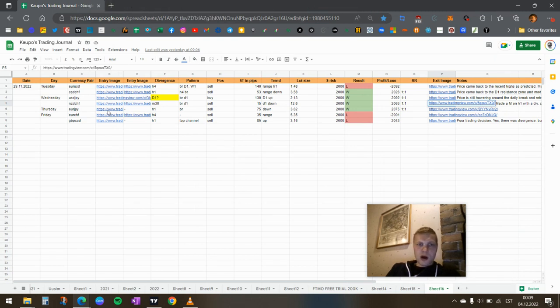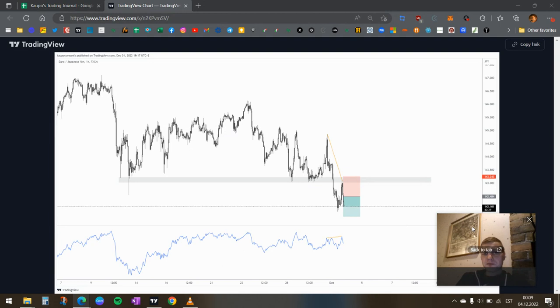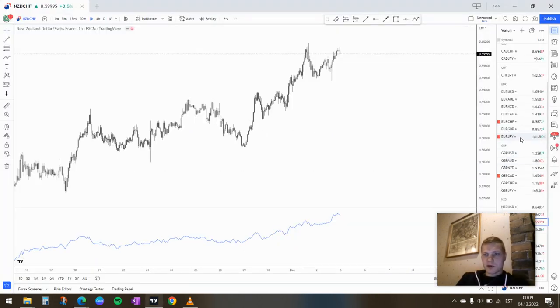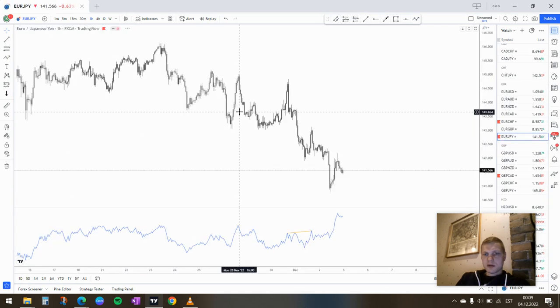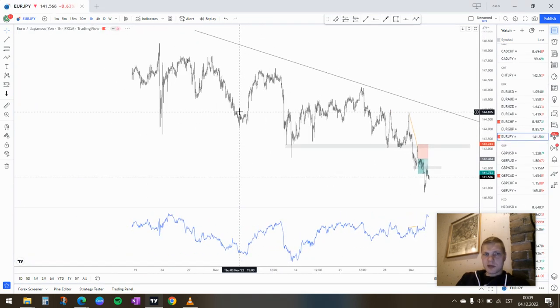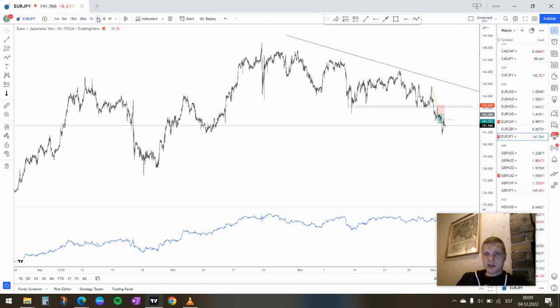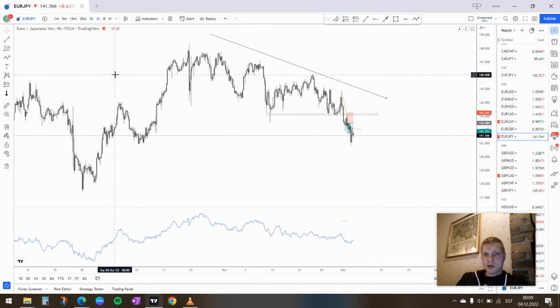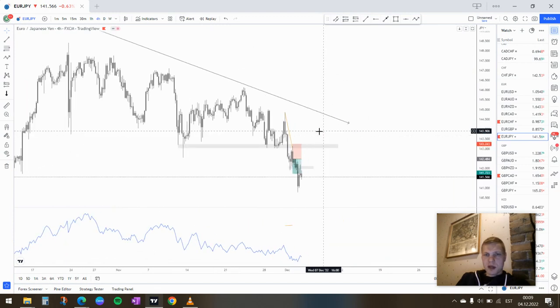Euro JPY was also a good trade, in my opinion, because it's a downtrend. I think it should still be here. So it's a downtrend, right? Downtrend on H4, let's say. It's moving down, forming lower lows and lower highs.